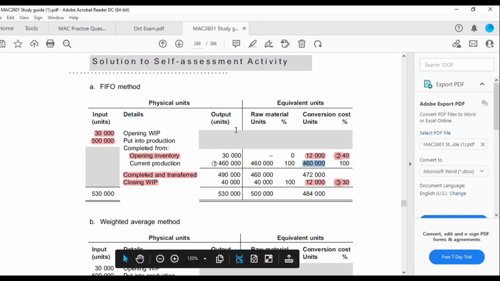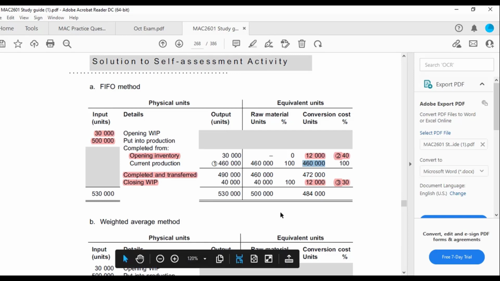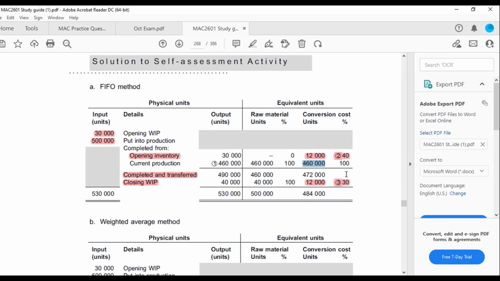So I'm saying that deal with it how it makes sense to you. Do you treat it per line item, or do you do input, output, raw, conversion, or as you go? Whatever comes in, you put it there, then you deal with the rest. What makes sense to you, do that.